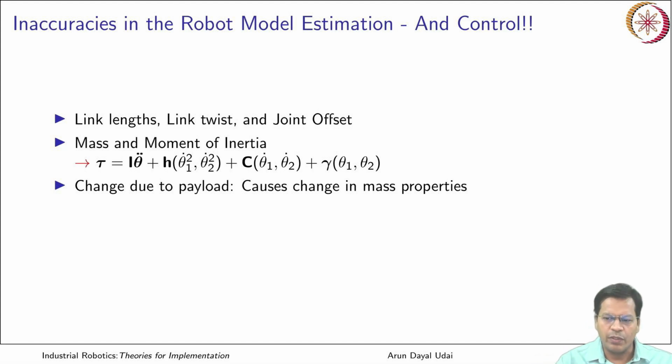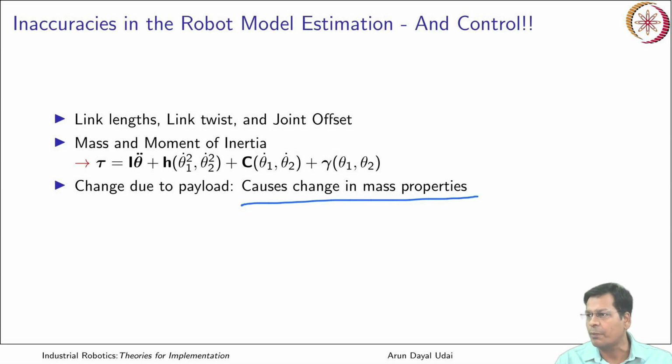Even while picking and placing, sometimes it is picking just 5 kg, sometimes 20 kg, and you are not adjusting the controller gains or anything else while the robot is running. So during runtime, only the controller has to take care of all these payload variations. You very well know that these cause changes in the mass and inertia properties of the robot dynamic model.